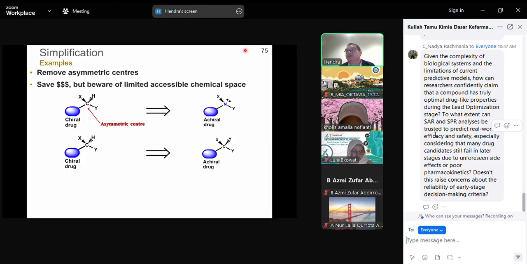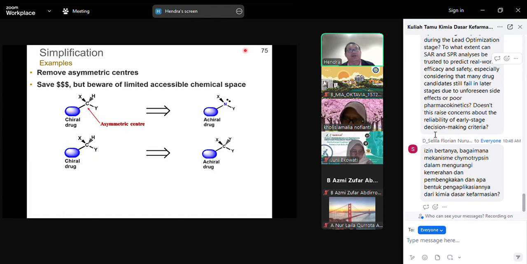So it is predictable. Normally I have software that I use. You put in the structure and it will tell you whether this compound is very likely to be bioavailable or not.